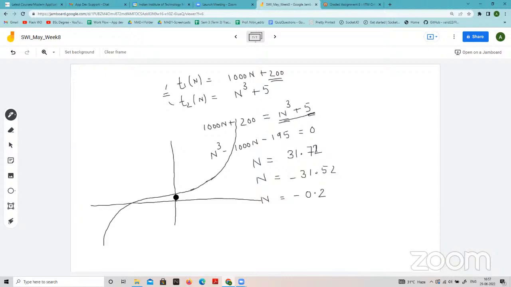Now if you see, this is 5 and the other one is 200, so it will give very high. So let me change the curve a bit, something like this, because I want to show the 200 also. And the other one would be something like this, my linear.